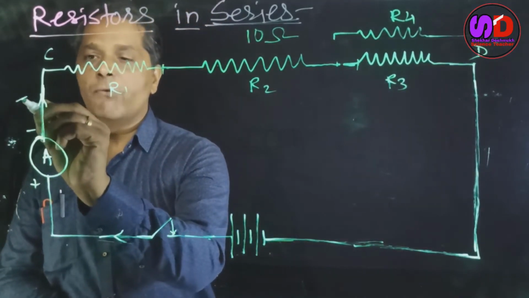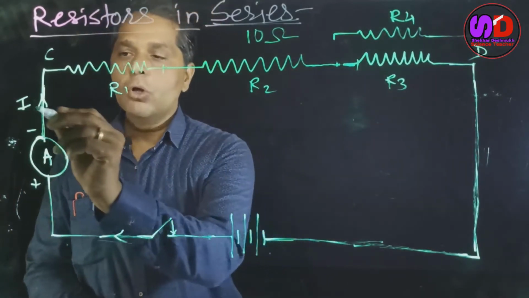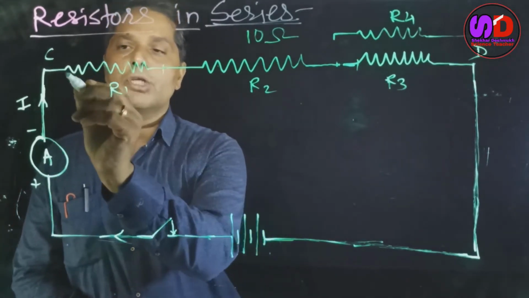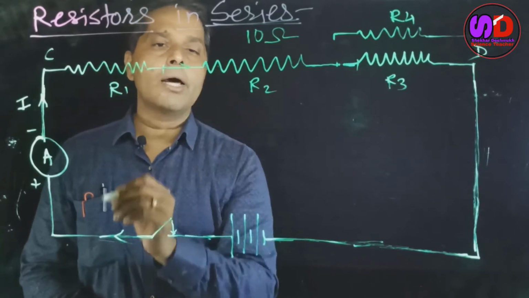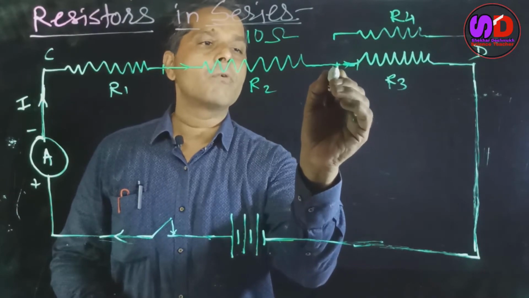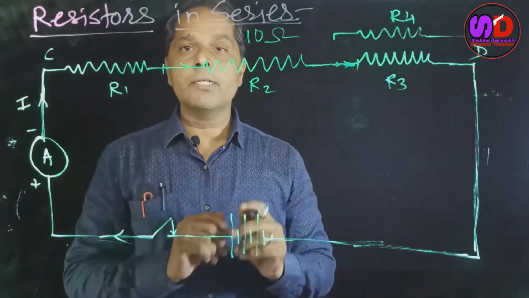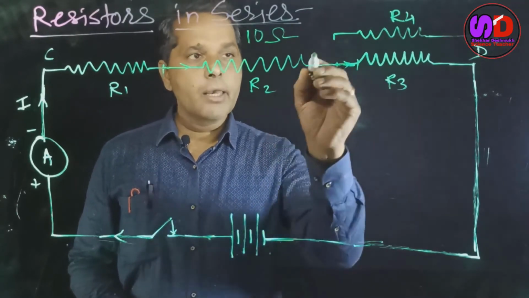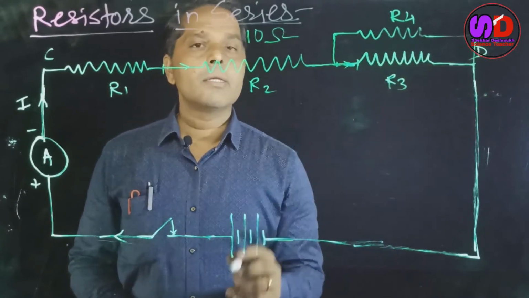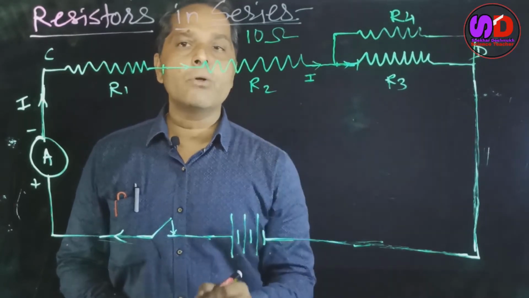Suppose the amount of current flowing through it is I, that we can measure in the ammeter. So I amount of current is flowing through R1. The same current is flowing through R2 and the same current is flowing through R3, and therefore we say all these three are in series because the same amount of current is flowing through them. If I connect R4 in this way, now the current I is flowing up to this point only.